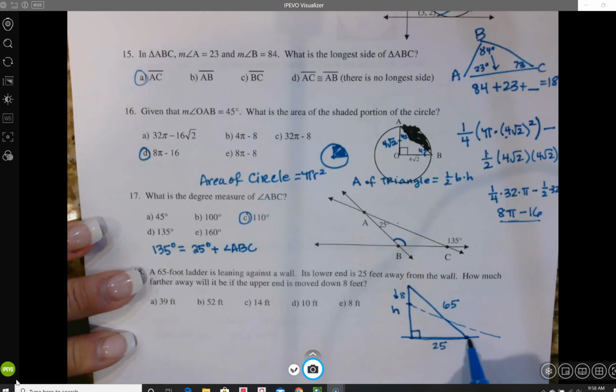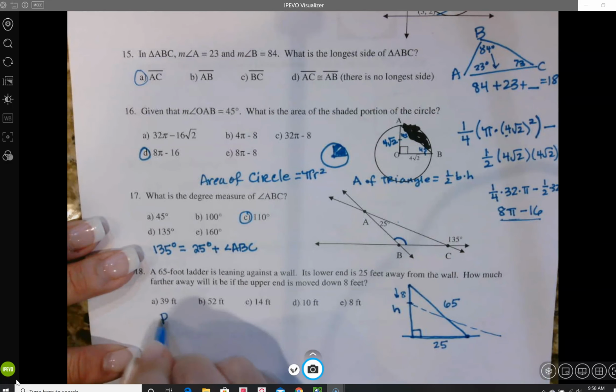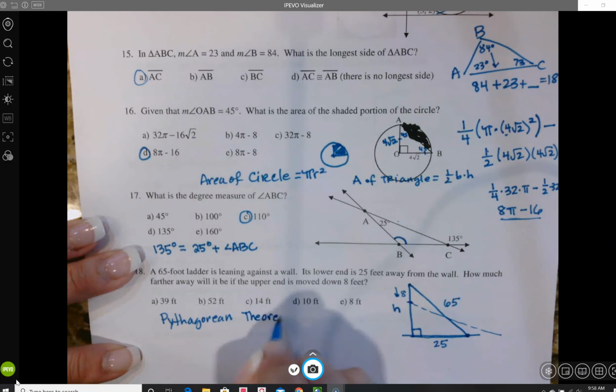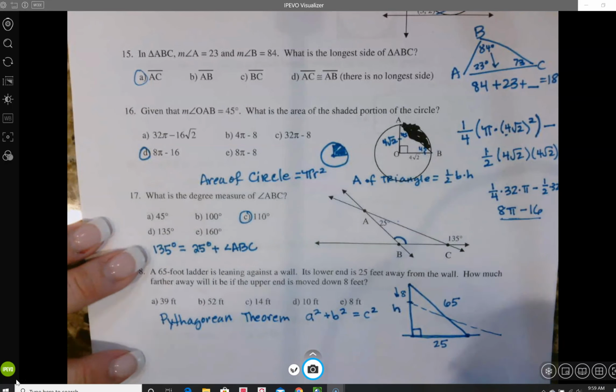So here's how I'm going to approach this problem, and then I'll try to think backwards and see if there's another way to explain it. So the Pythagorean theorem is something that we use over and over again whenever we have right triangles, and that's the leg squared plus the leg squared is always equal to the hypotenuse squared.